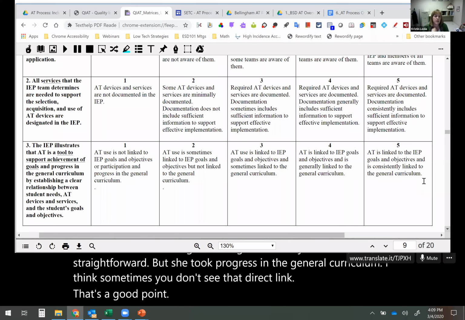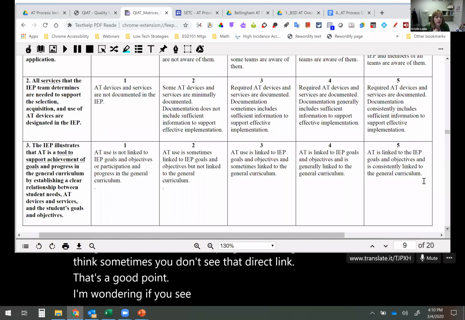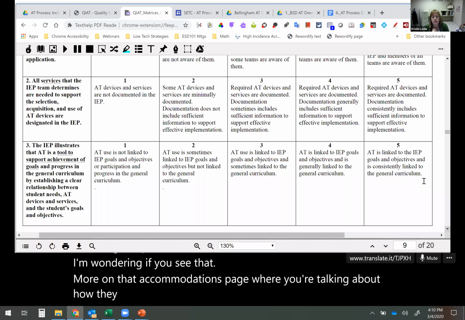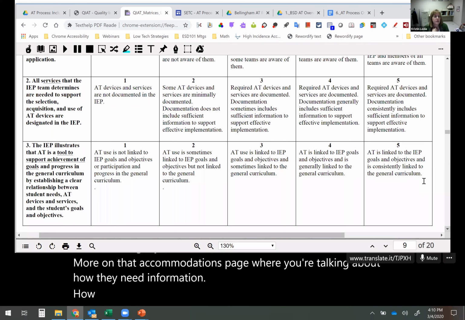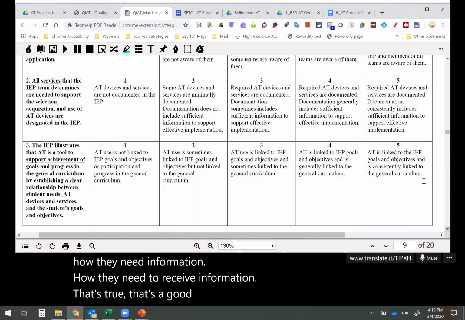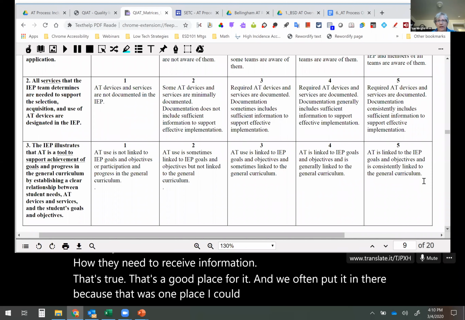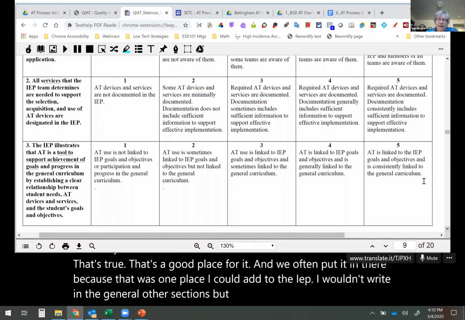I'm wondering if you see that more on that accommodations page where you're talking about how they need to receive information. That's true. That's a good place for it. And we often put it in there because that was one place I could add to the IEP. I wouldn't write in the general other sections, but I could write in that section. So that was often in there.